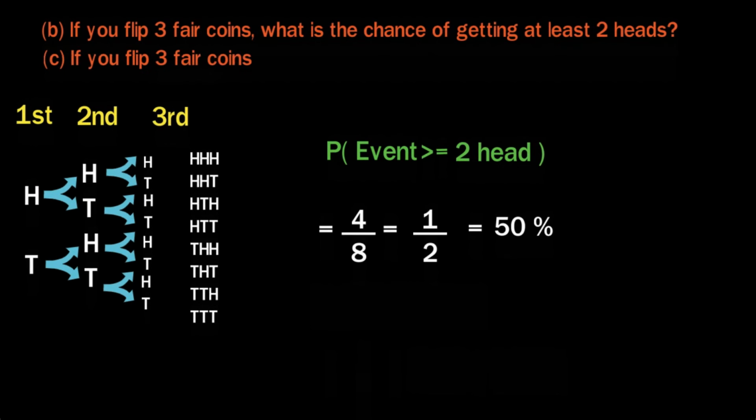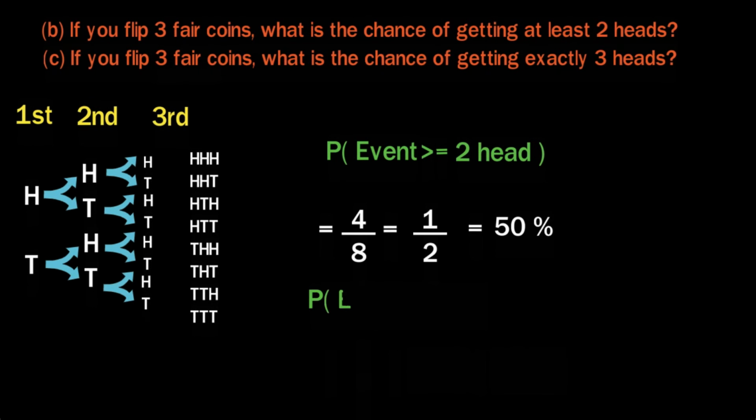If you flip 3 fair coins, what is the chance of getting exactly 3 heads? So exactly 3 heads, HHH. There's only one possibility out of the 8 outcomes that we can get all heads.